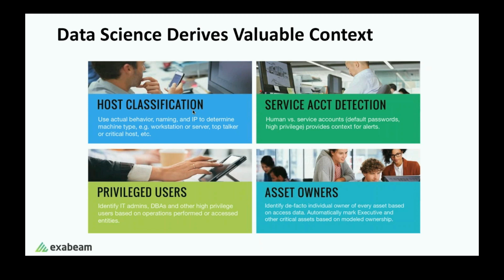We can do things like naming and IP ranges to try and suss this out. But when we can automatically determine different types of hosts on the network, we can automatically apply different models to those. We can also use data science to detect service accounts versus human accounts, normal accounts versus high privilege or privileged user accounts.